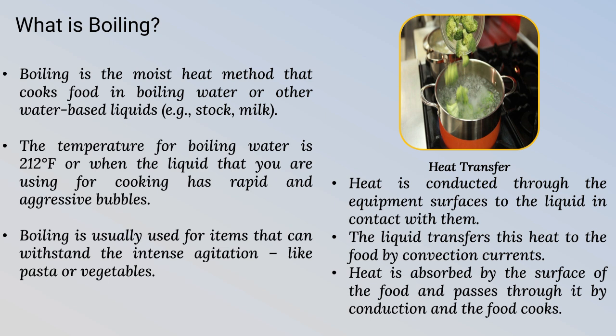Inside the liquid, the heat is transferred by convection, and when the ingredients are cooked inside the container, the heat is transferred through conduction. So conduction and convection happen at the same time, and ultimately the product gets boiled.